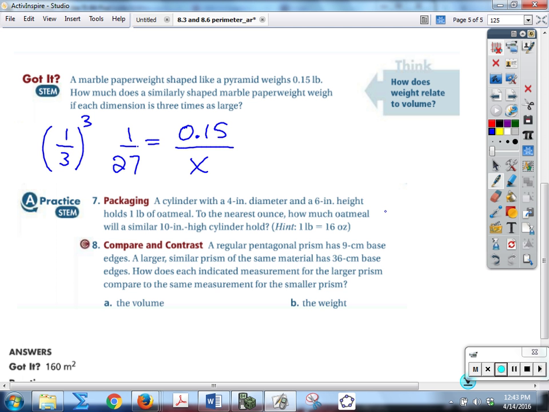What's the scale factor? First off, one-dimensionally, it's just 10 to 6, right? The height, just compare the height. But you've got to think, to the nearest ounce, how much will it hold? What's it talking about when it holds something? Volume. So this one would be volume. So you'd have to cube them before you set it up.